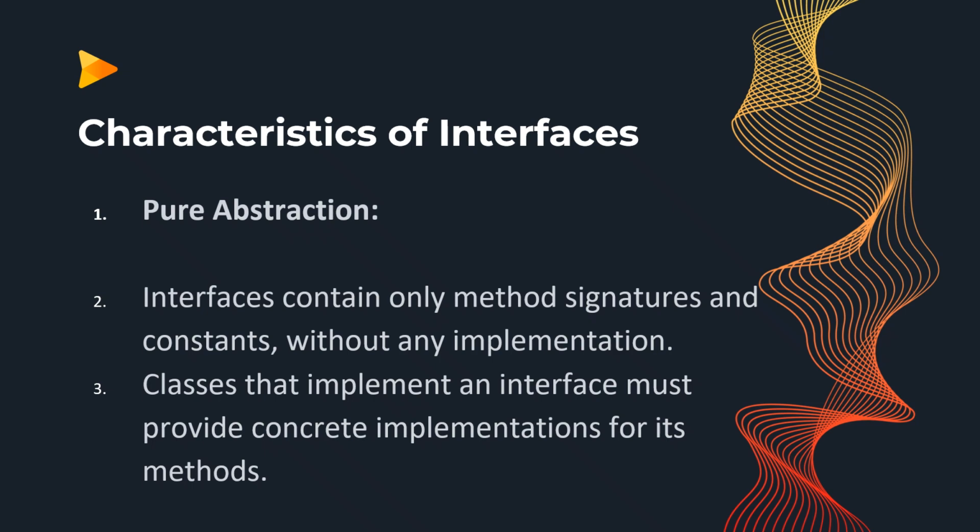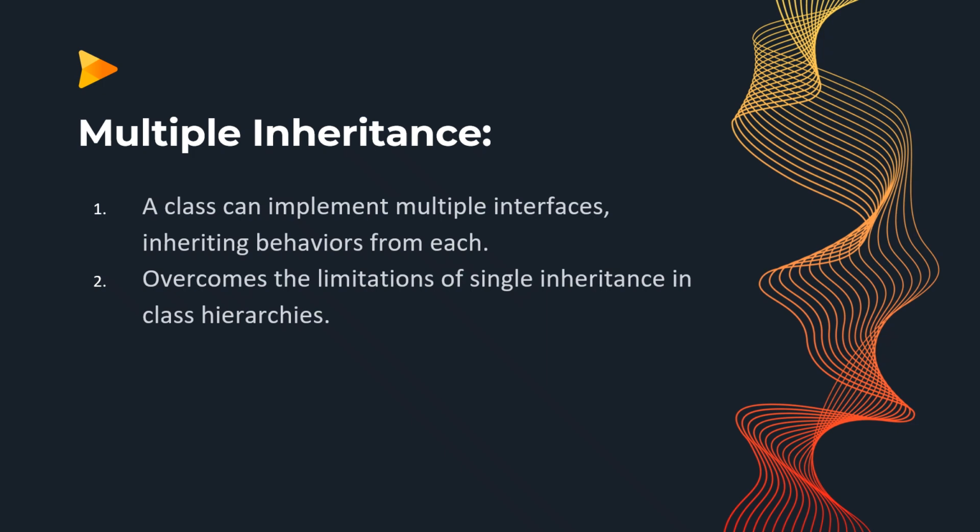But in an abstract class we can use normal methods also. So interface provides 100% abstraction, and abstract classes provide partial abstraction.